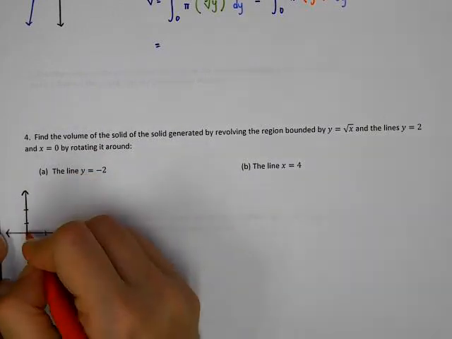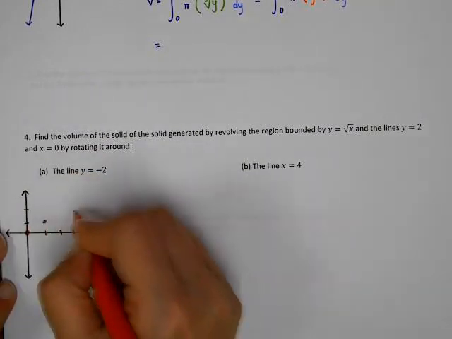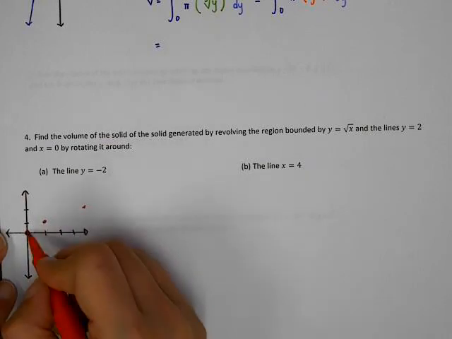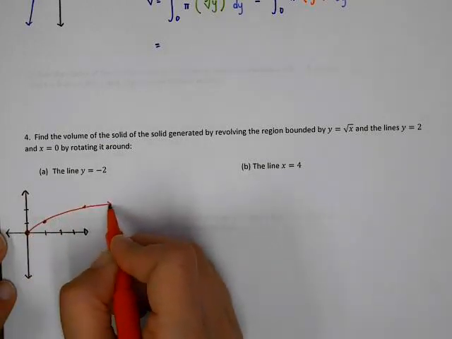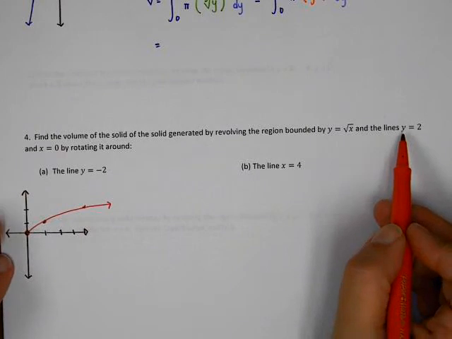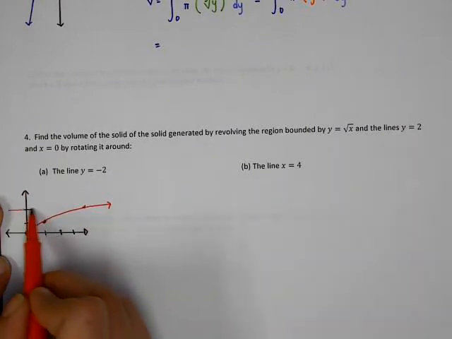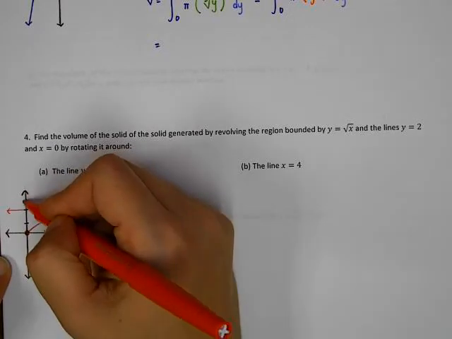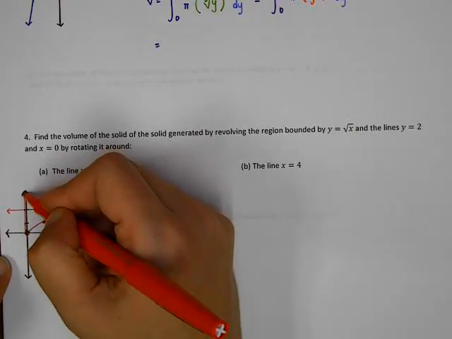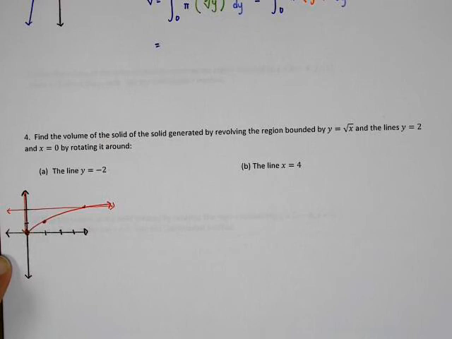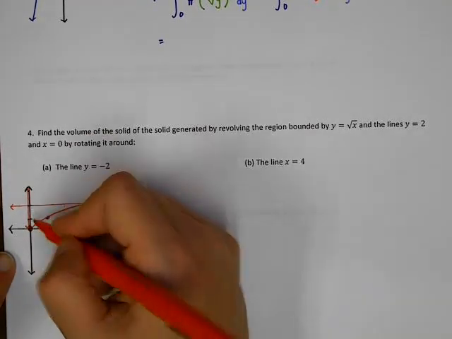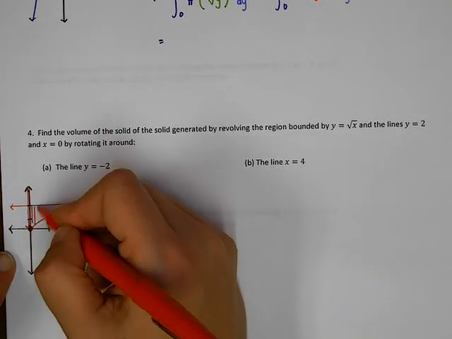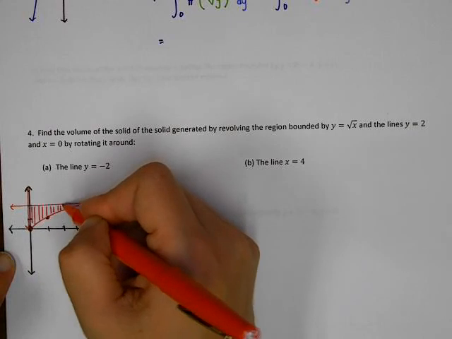Y equals the square root of x goes through 0, 0, 1, 1, 4, 2, kind of curves like this. Now the other lines here are y equals 2, which is this horizontal line, and x equals 0, which is this vertical line. So if I want the region bounded by those three functions, it's going to be this region right here.